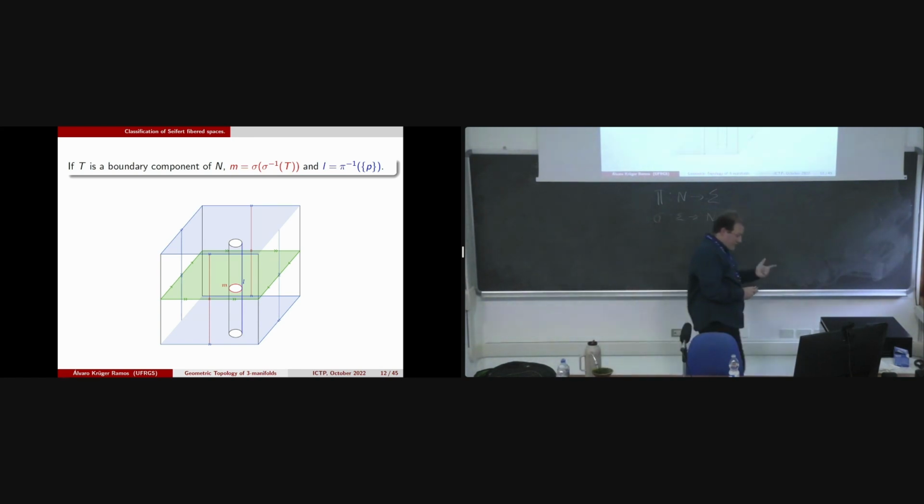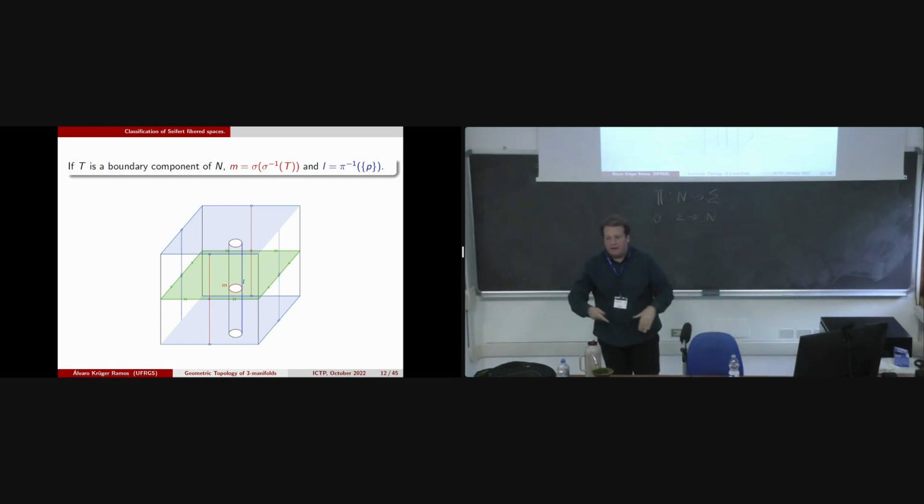And what's more important, it's compatible everywhere. If you have more holes, if you have more disks removed, the construction is going to be the same. You would have the same longitude. The longitude is just a fiber, and the meridian is just the boundary of the holes in the same cross section that you start with. So everything is compatible to make the Dehn filling.